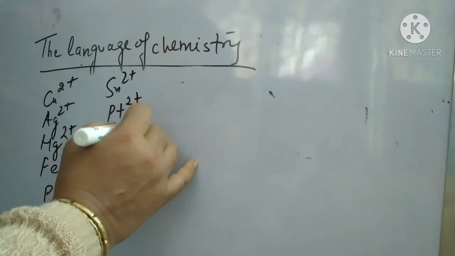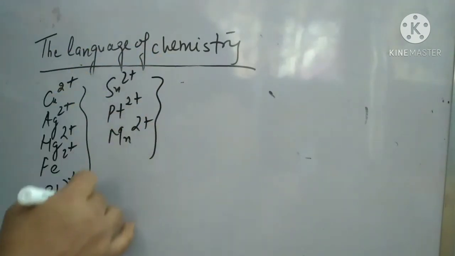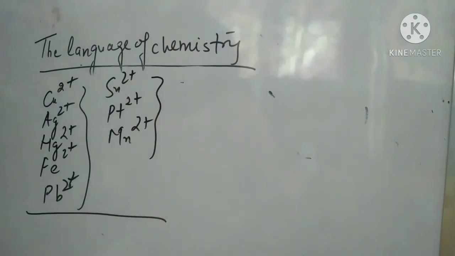So all these elements which show variable valency possess 2+ valency, so they are also divalent elements.